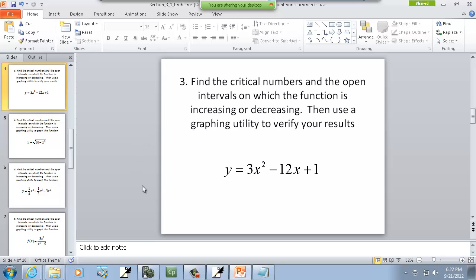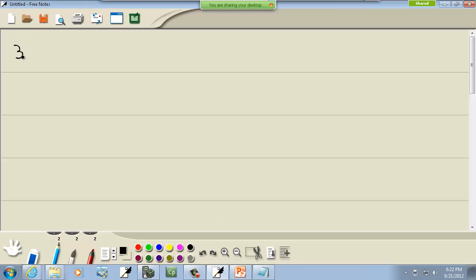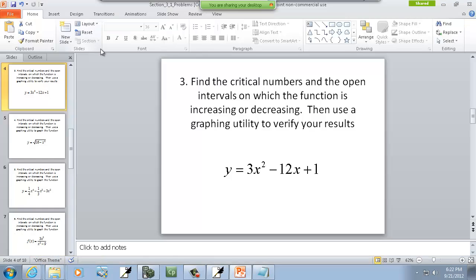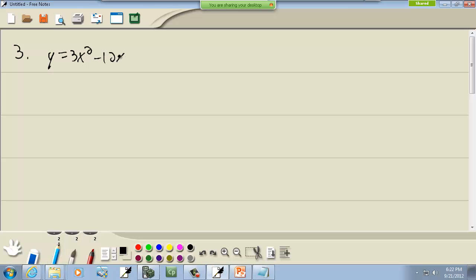Now our next problem is asking us to go a step further. They say find the critical numbers and open intervals in which the function is increasing and decreasing. Excuse me. It says use a graphing utility to verify your results. So we got y is equal to 3x squared minus 12x plus 1.